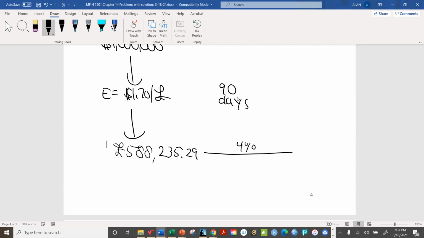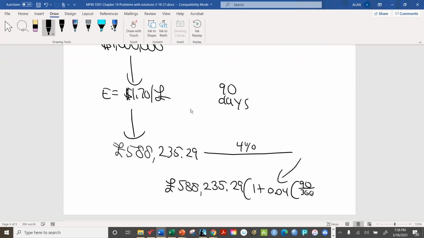And so when you multiply to see how much money you'll have in 90 days, what you're actually doing here is taking this amount and multiplying it by 1 plus 0.04 times 90 over 360.